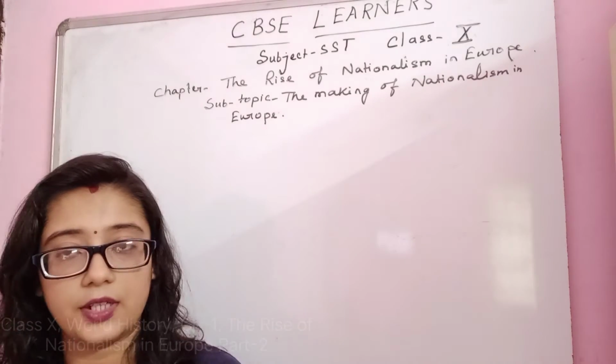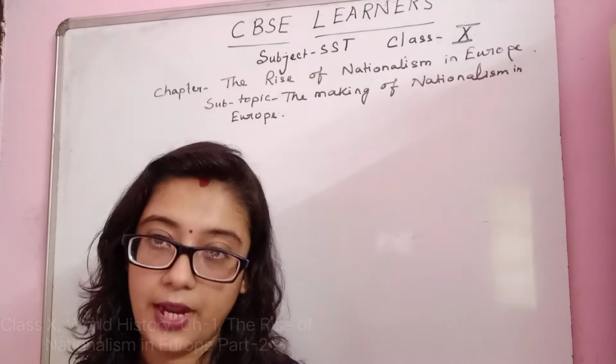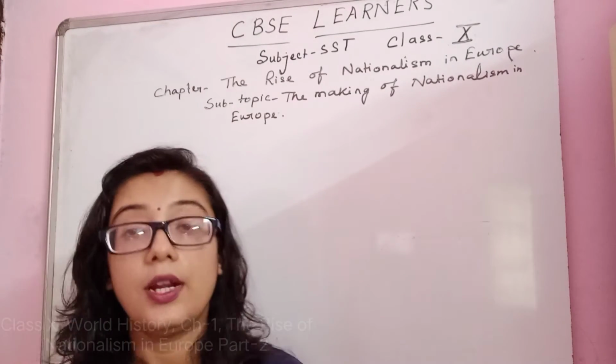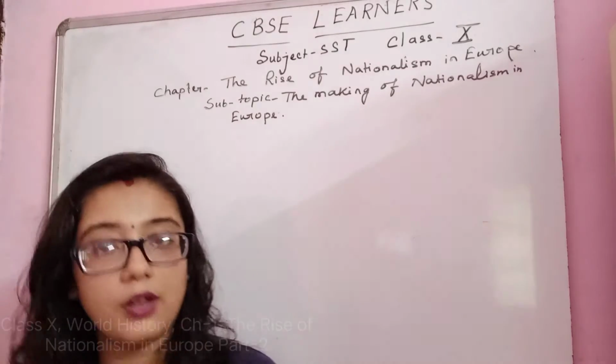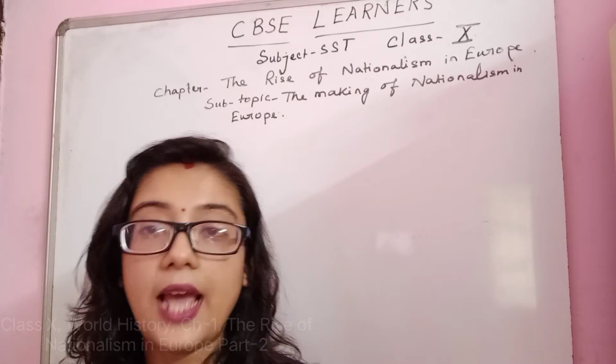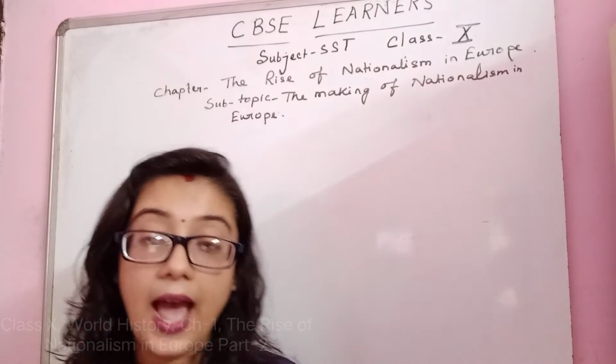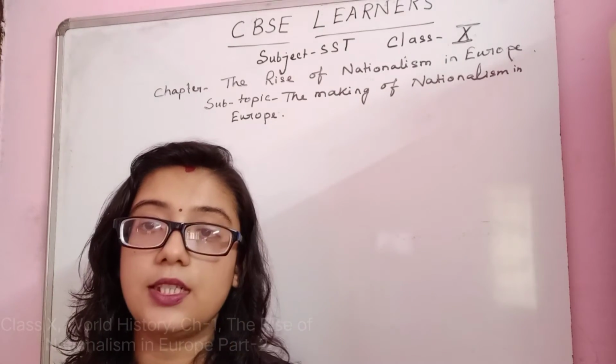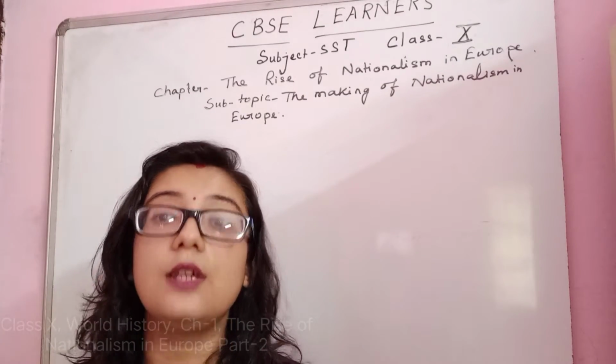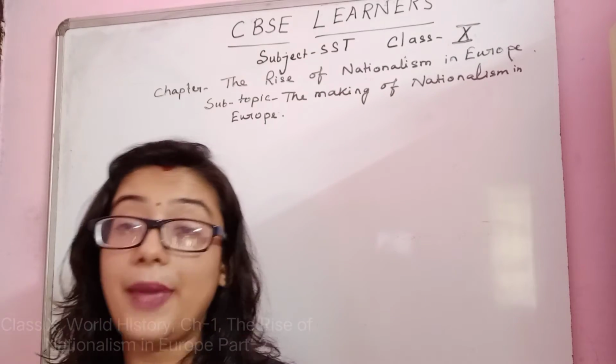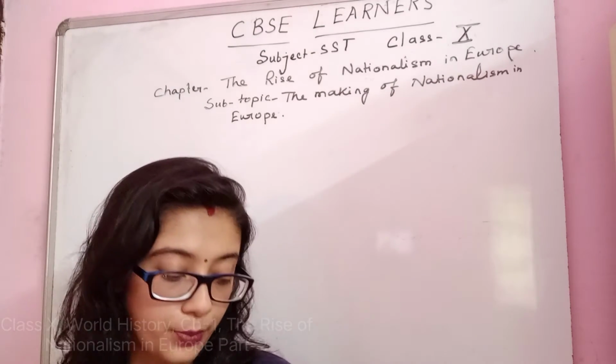We have already explained this in our previous video. Now it's time to learn further and see what happens next and how the concept of nationalism was made in Europe. The making of nationalism in Europe.